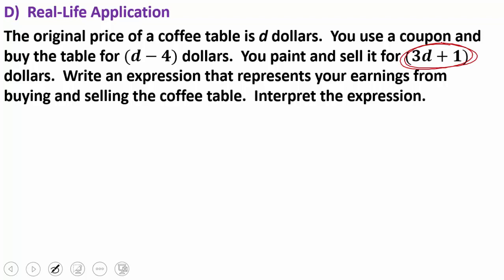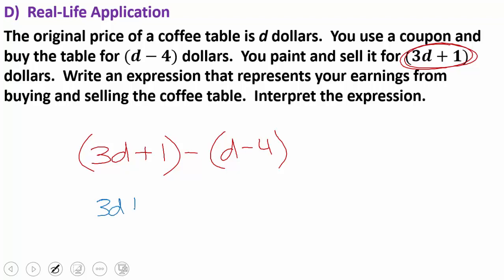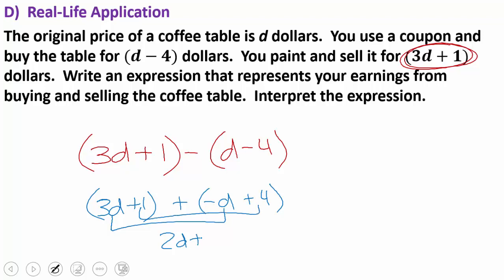So you know that what you sold it for is more than what you bought it for. So to find how much you earned, you would take your first expression, what you sold it for, 3D plus 1, and you would subtract what you paid for it. That's D minus 4. And then what do we do? That's right, we go same, change, change. 3D plus 1, and then adding a negative D plus 4, and then we combine our like terms, and we have 2D, and we have plus 5.